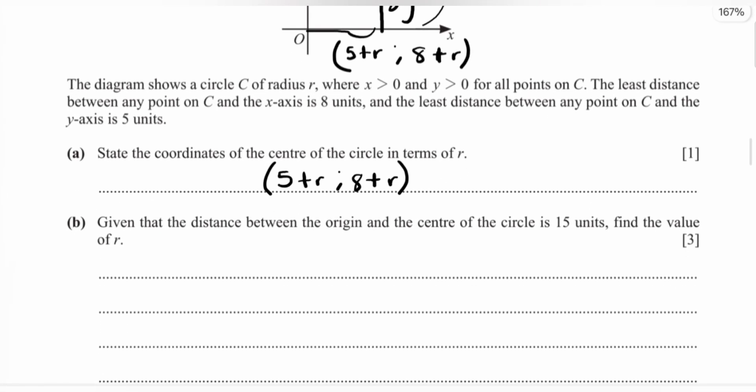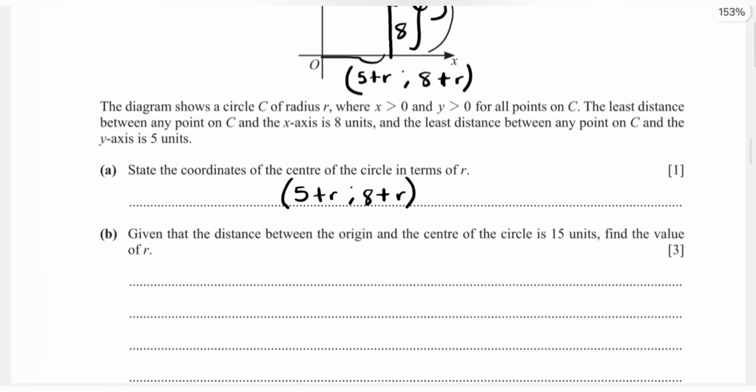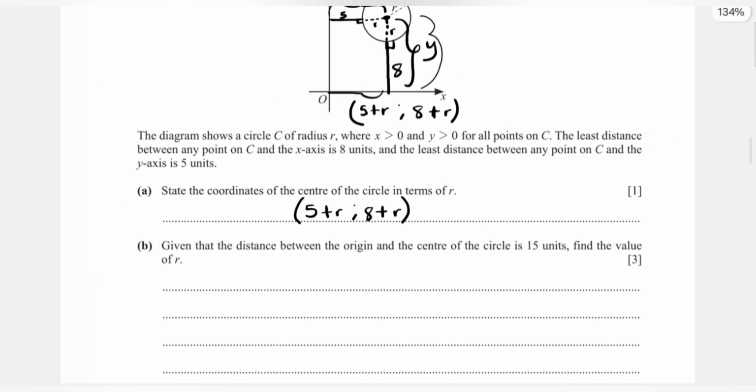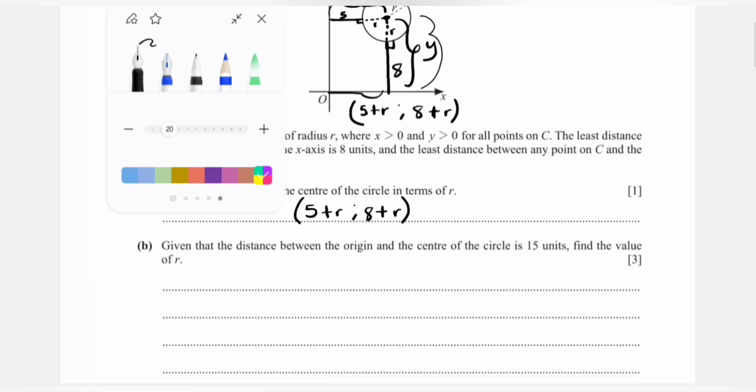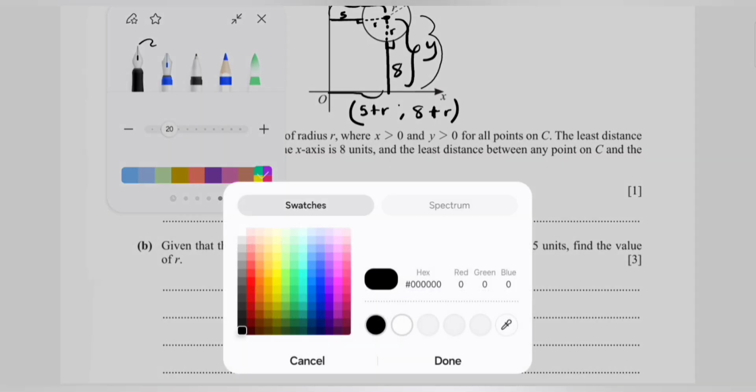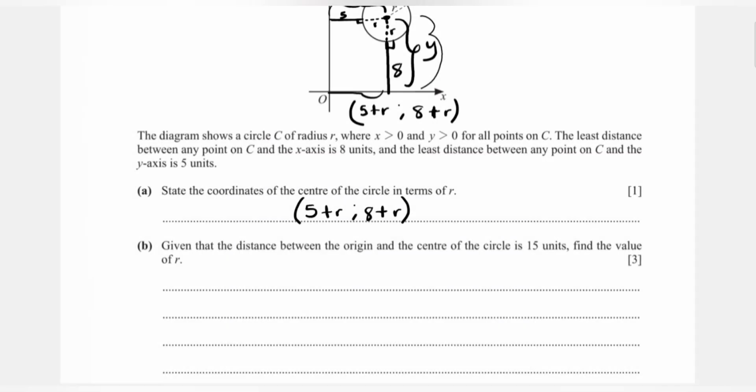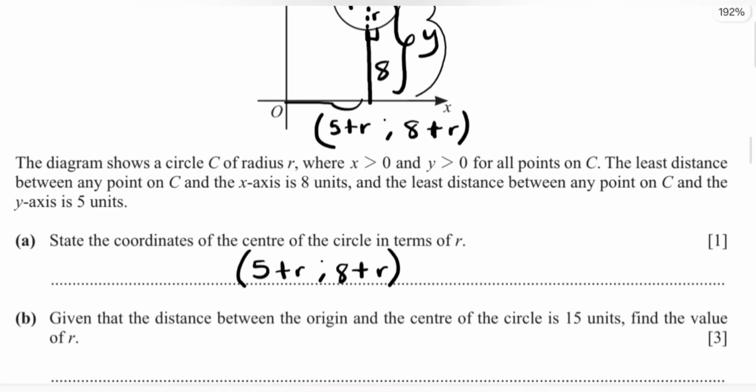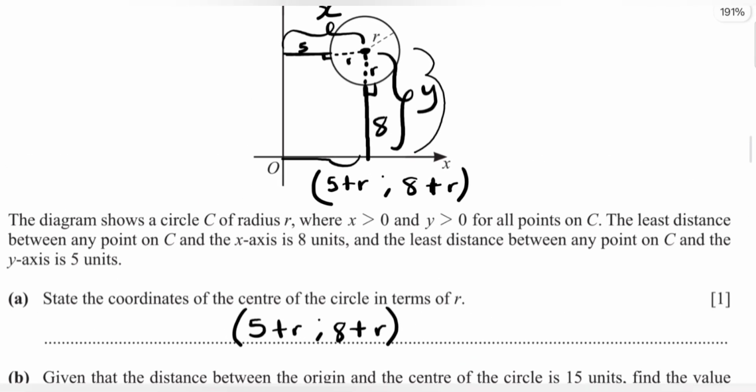And B, given that the distance between the origin and the center of the circle is 15 units, find the value of r. So we're now told that the distance between the origin, which is O, and the center of the circle, which is this, is 15, like that, right?